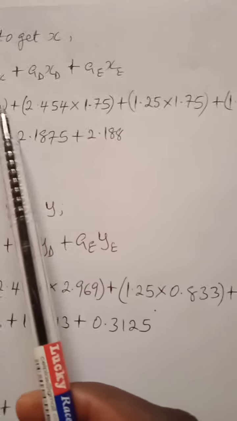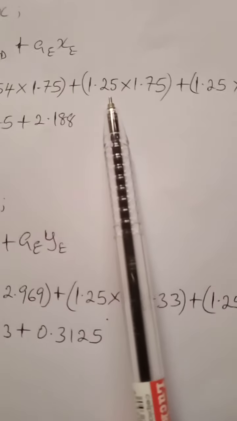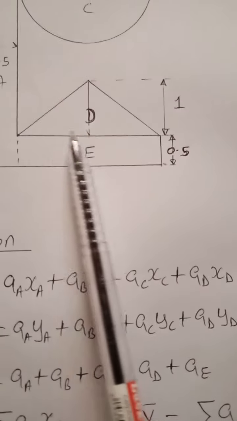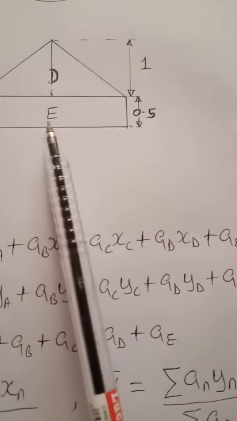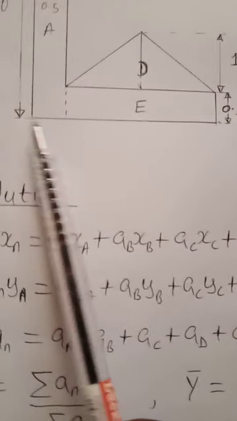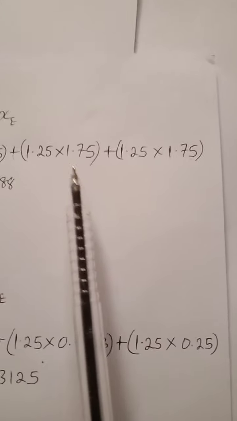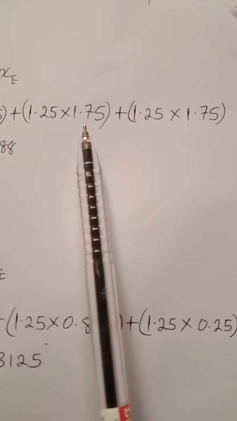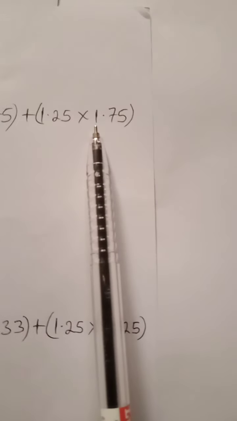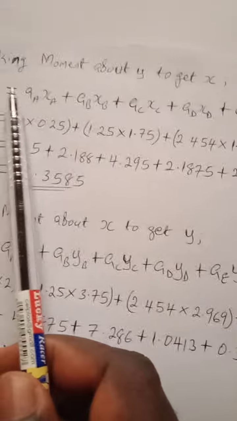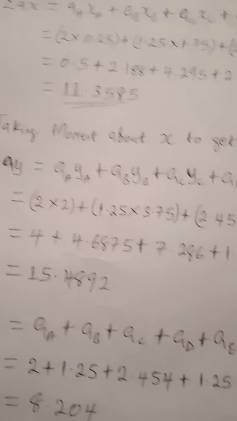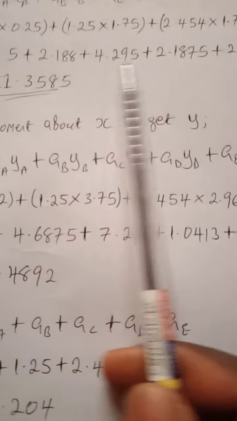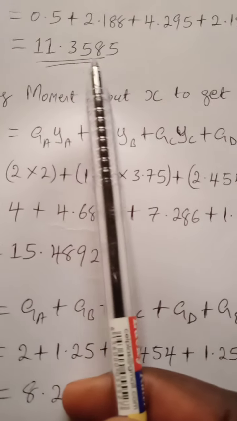So we have it to be the same as 1.75. Same goes to shape D, distance of here plus here. Same goes to E, distance of here to here. So that is how we obtain this 1.25 and 1.75, 1.25 times 1.75 for x. While adding them together, we have 11.3585.